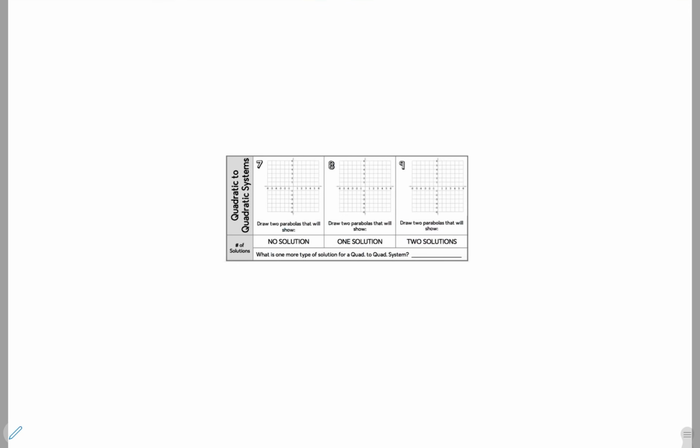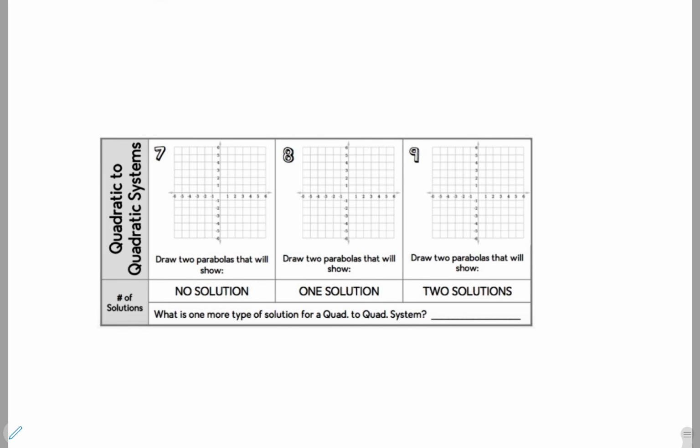And last but not least, this is a quadratic on quadratic. Draw two parabolas that will show no solution. U and U. They don't touch. Draw two parabolas that will show one solution.